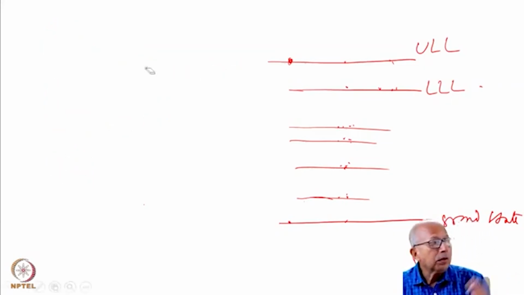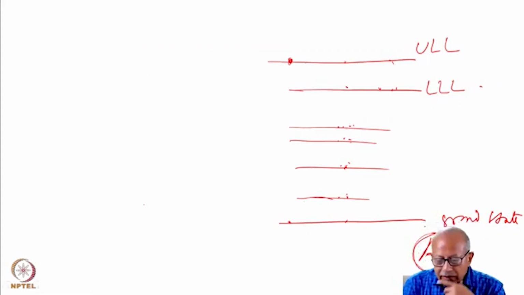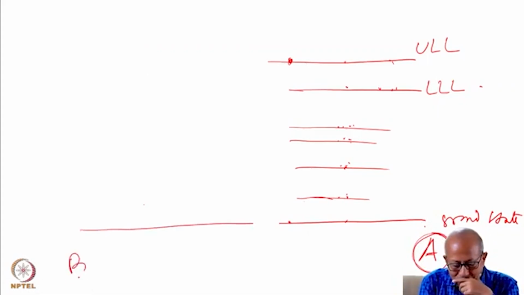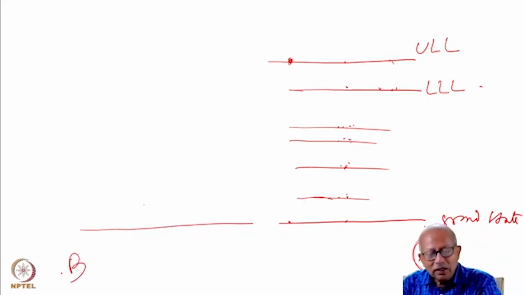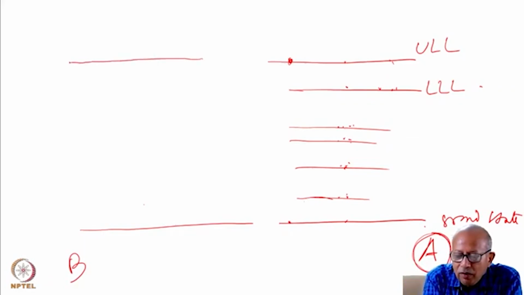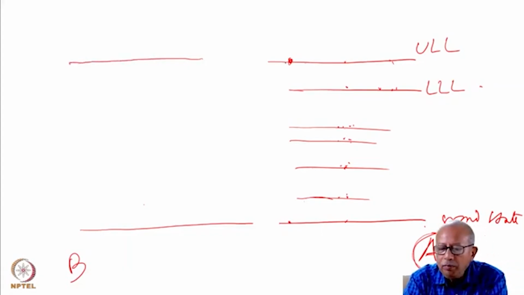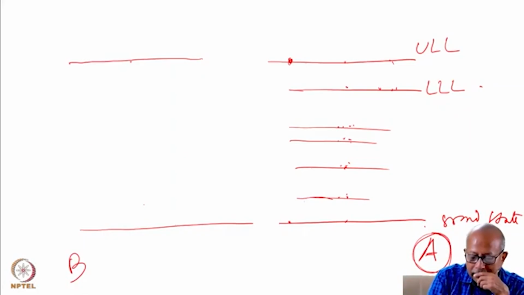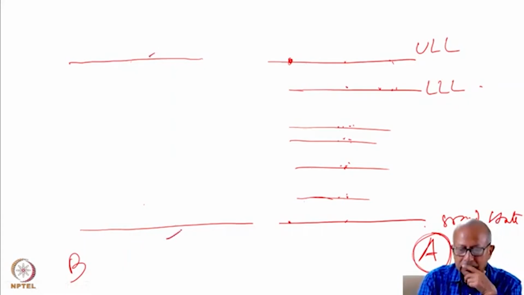You use a second gas, which you call B. You choose it in such a way that it has an energy level which is very close to the upper laser level, and there is no other energy level located between this and this.